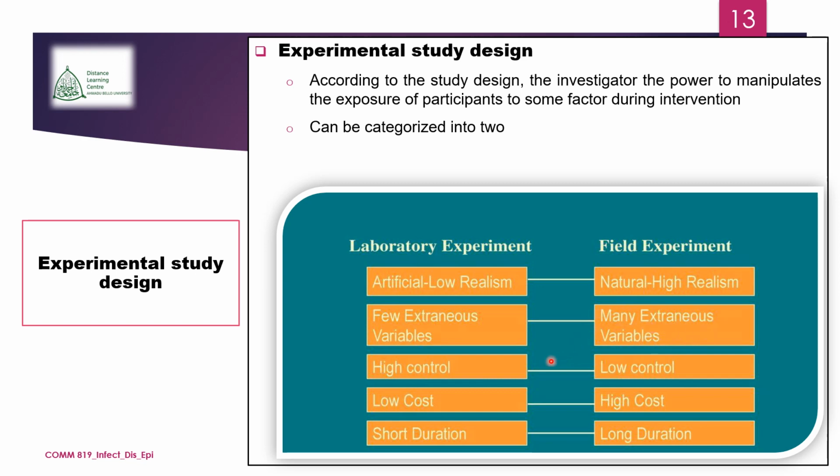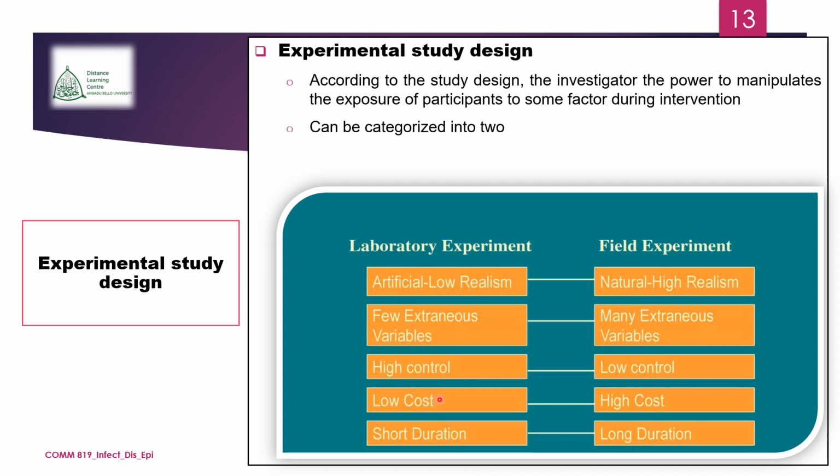Then lab experiment is characterized by high control, because it's under a controlled environment, while in the field environment you can't control other external factors, so usually the control is low.